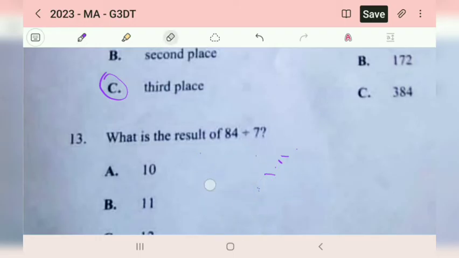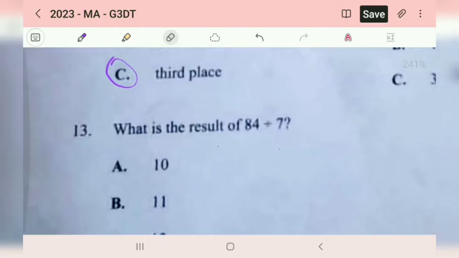Let's erase. It's asking us to divide 84 by 7. So let's put out our 84. 84 divided by 7. 7 into 84 goes how many times?